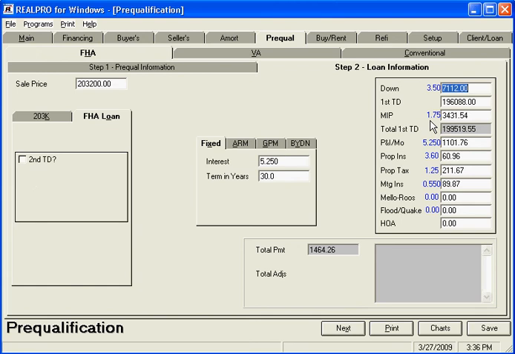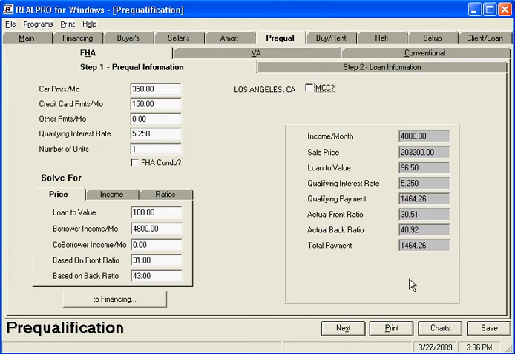5.25 is the interest rate. Here's your 3.5% down. Property insurance, property taxes, mortgage insurance. So now we know what these people qualify for. Looking at this, the front ratio was a limiting factor of 30.51 and the back ratio was 40.92.